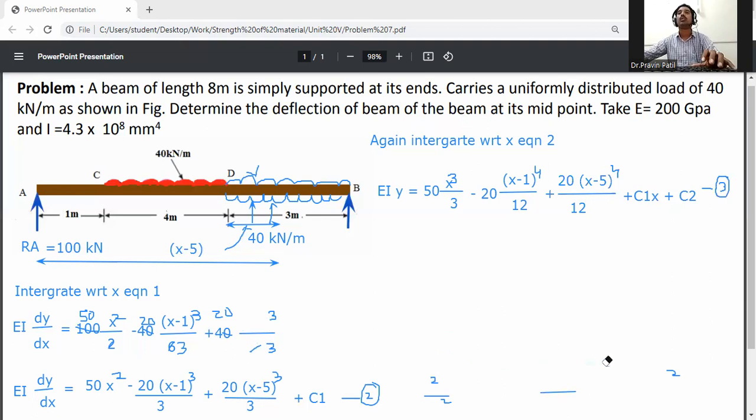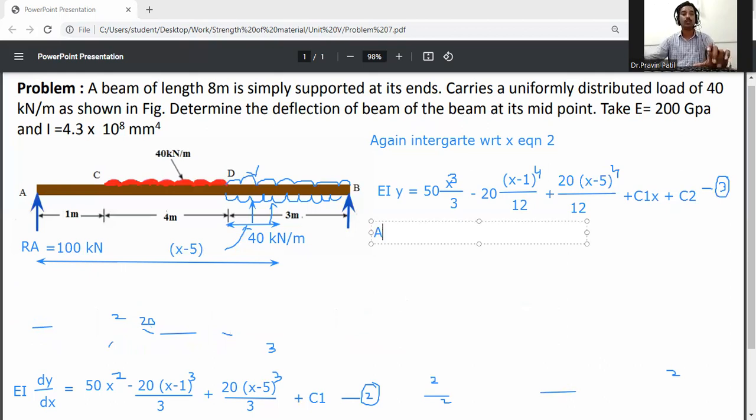So now apply boundary condition. When x is equal to 0, y is equal to 0.